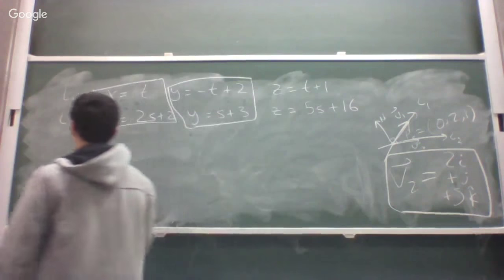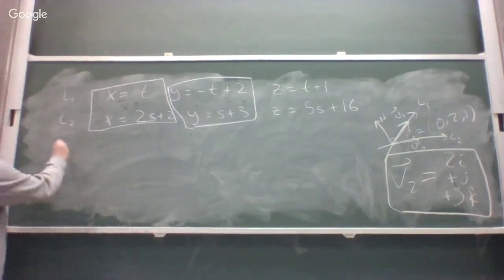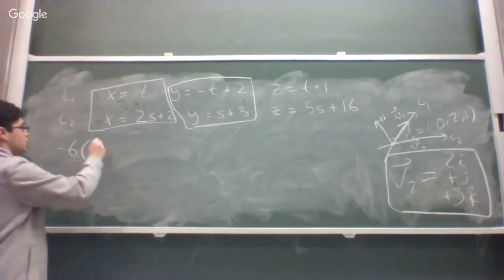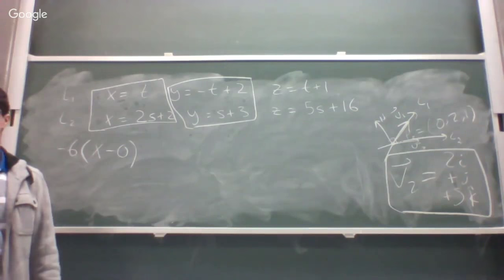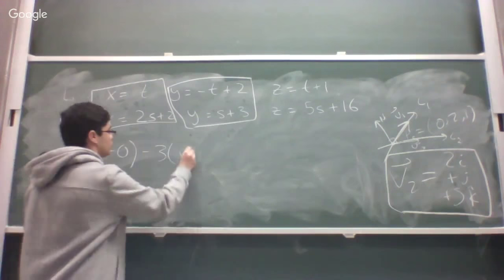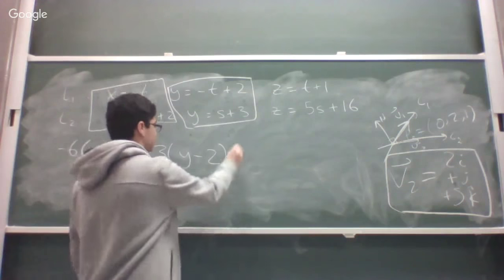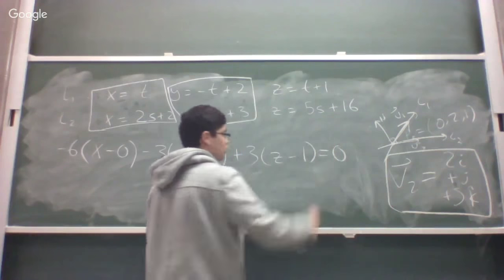So the equation for a plane again, we use that. I won't write it again, but it's -6 times x minus 0, because that's the point we found for x. Okay? Minus 3, y minus 2, plus 3, z minus 1, equals to 0.